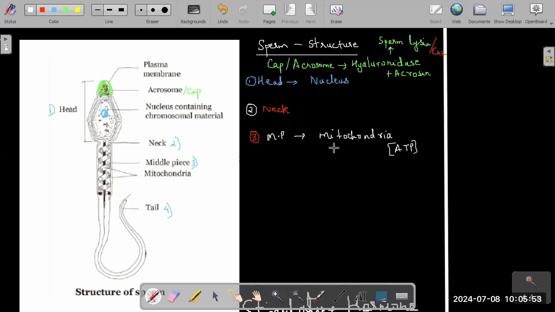So basically, the mitochondria generate ATP, which helps in sperm motility. Lastly, you have the tail. Of course, the role of the tail is again motility.